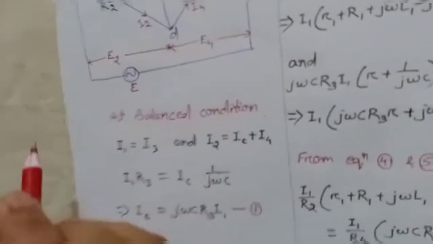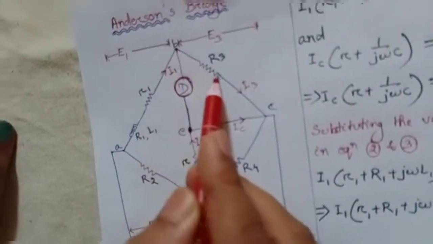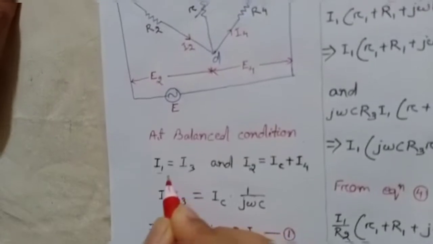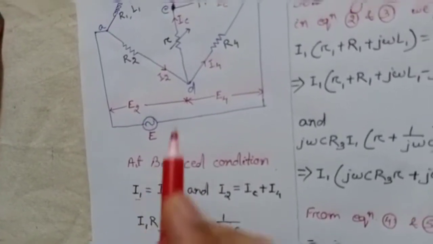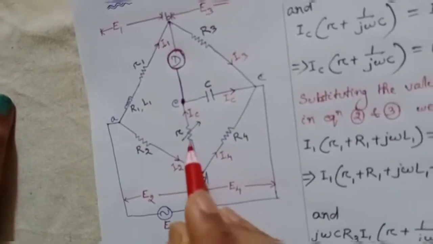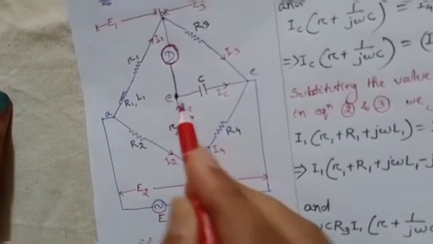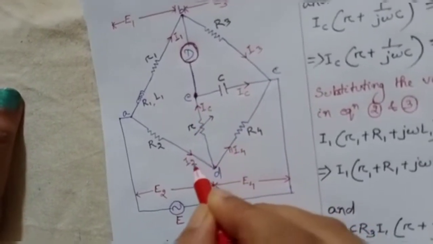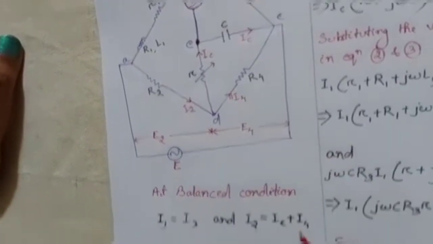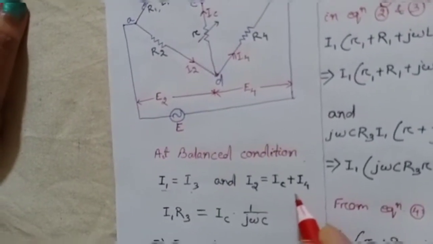At balance condition, I1 must be equal to I3, and I2 is divided into two paths: one is IC, the second is I4. So I2 must be equal to IC plus I4.